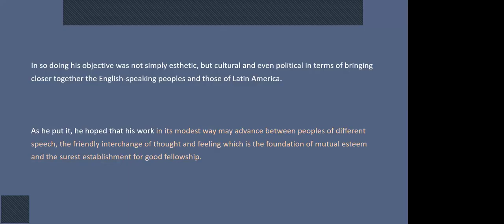So as he puts it, sorry about the typo, he hoped that his work, in its modest way, could advance between peoples of different speech communities a friendly interchange of thought and feeling, which is the foundation of mutual esteem and sure establishment of good fellowship, right? His intention was very noble because no one would do this with another purpose, because really there is no business in all of this.